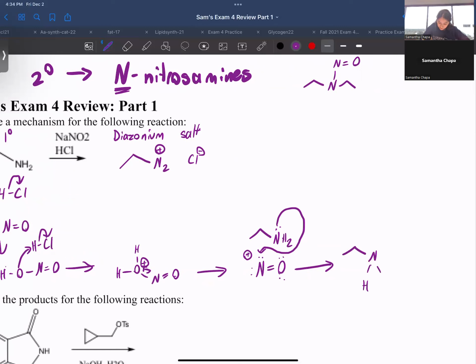Okay, so we have a positive charge on our nitrogen. We know that we need to keep that nitrogen, so it's not going to become a leaving group or anything. So what we're going to do is use a negatively charged chloride and deprotonate one of those hydrogens, putting the electrons back on nitrogen to make a neutral compound.